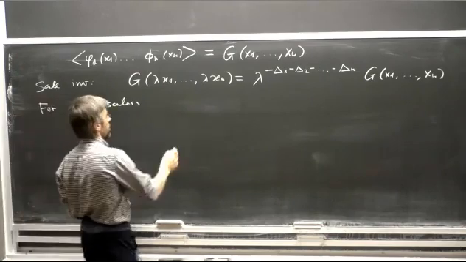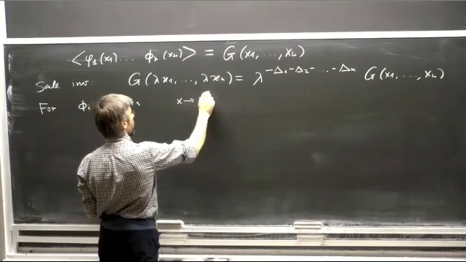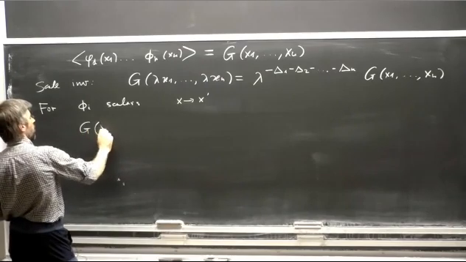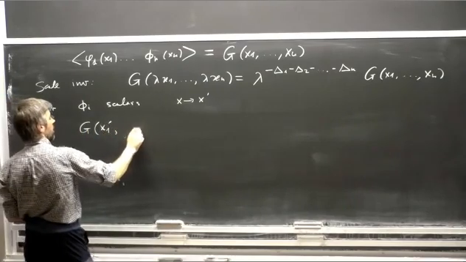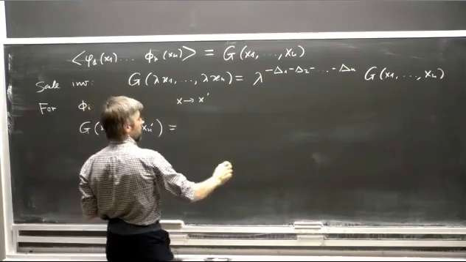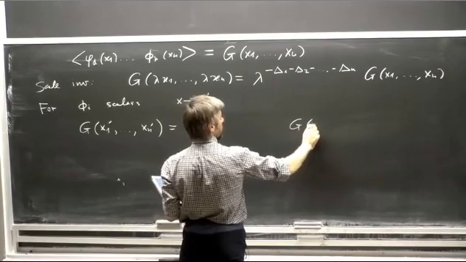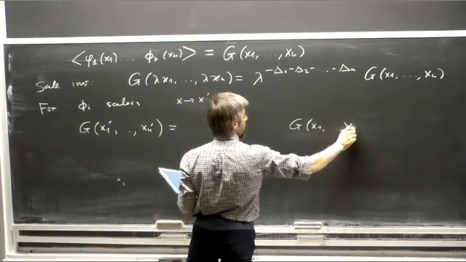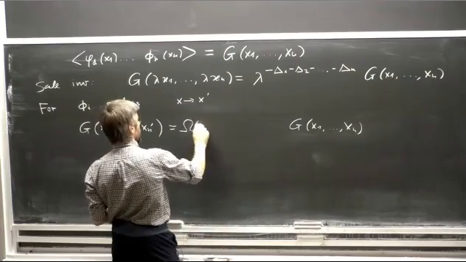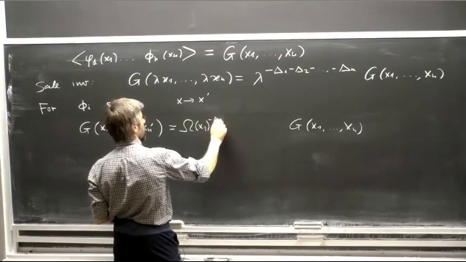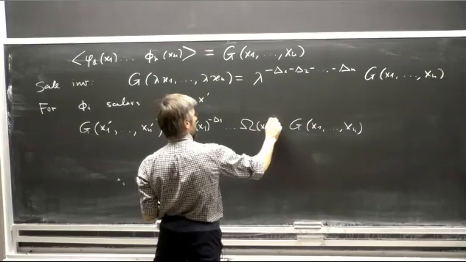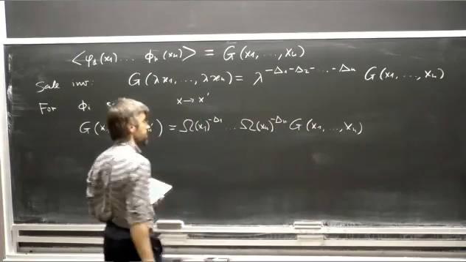If we have this transformation x goes to x prime, then the correlation function at the points x1 prime, ..., xn prime is going to be related to the correlation function at the points x1, ..., xn by this factor omega of x1 to the power minus delta 1, ..., omega of xn to the power minus delta n.